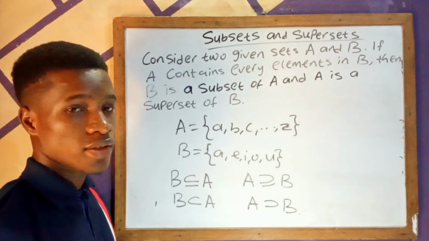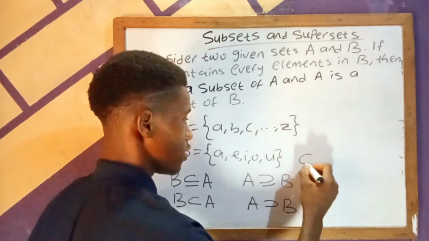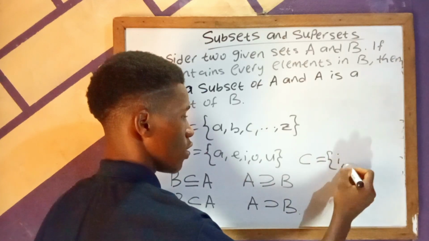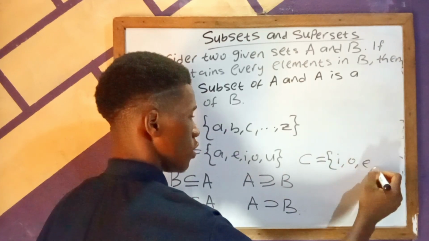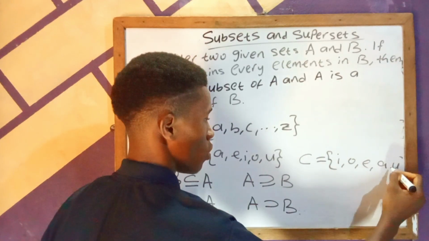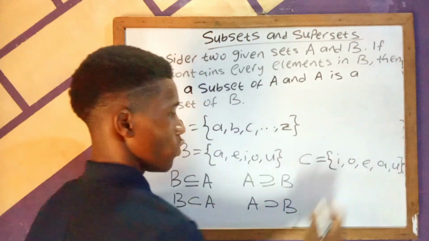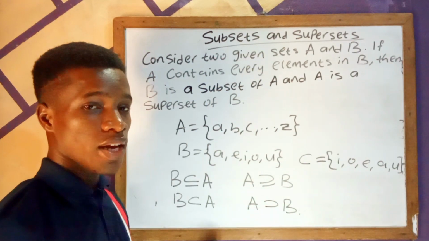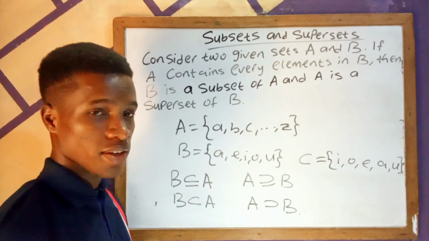So we say that it is a proper subset of A. And also you can say that A is a proper superset of B. Assuming we have another set, let's call it set C, for example, and we define it as I, O, E, A, U. If you look at this set, you see that it is similar to set B, just that the arrangement of the elements is different.